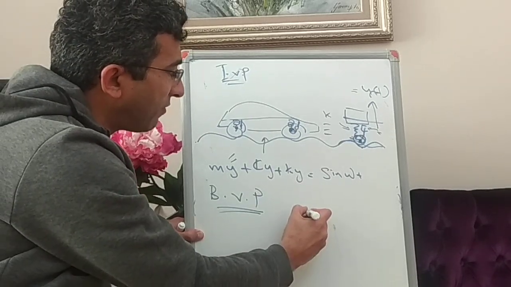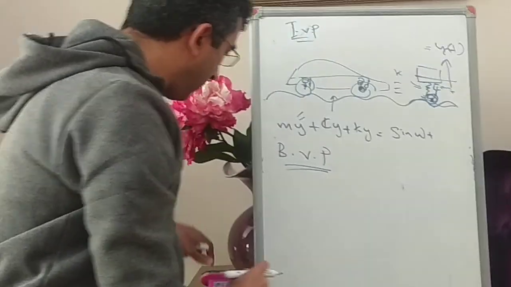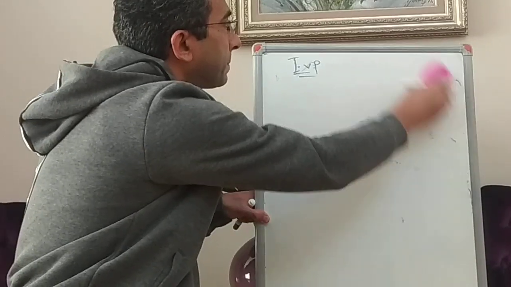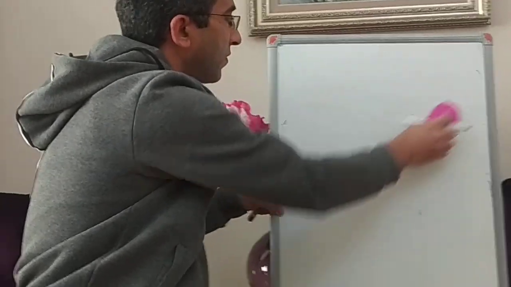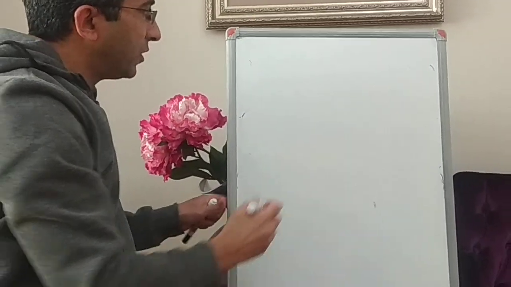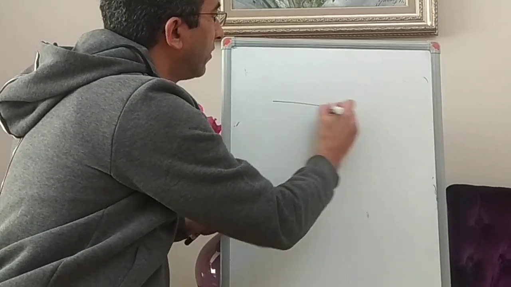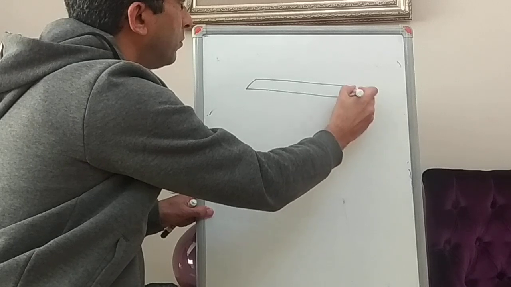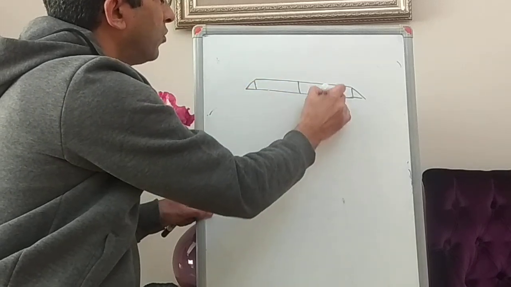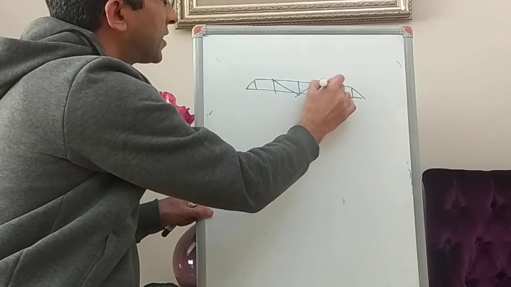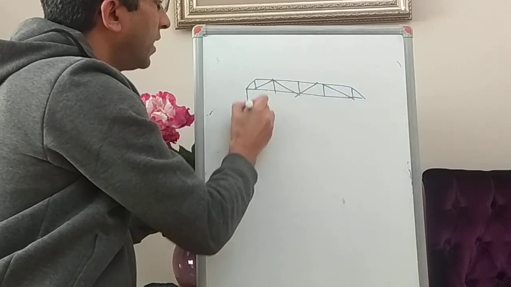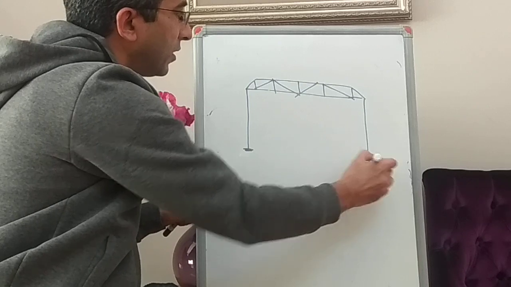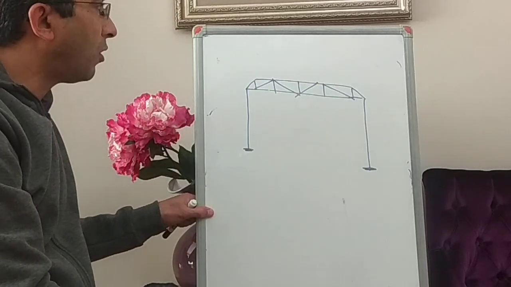For example, if you need to design a factory building, you need to use, for example, a steel truss for the roof system, and long columns, maybe 10 meters long.